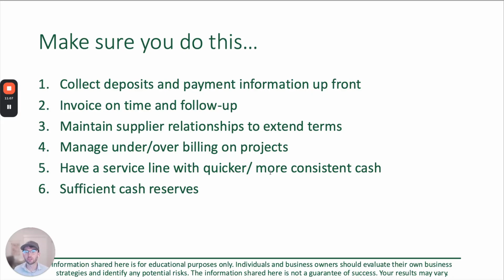And if you still want to have that project, and you're trying to grow the business and move into some of those bigger projects without the bargaining power, having a service line that generates very consistent cash flow can help a lot with this, because that way you've insulated the business and diversified cash flow. So if it's taking a long time to get cash on the larger project, you can essentially fund the project with your other service line, and just keep a much more consistent cash flow.